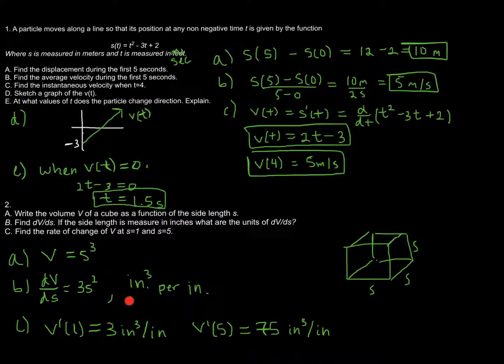This is a measure of volume, and this is a measure of the side length. And then if you find the instantaneous rate of change when s equals 1, that would be 3 inches cubed per inch. And when the side length is 5, it would be 75 inches cubed per inch.